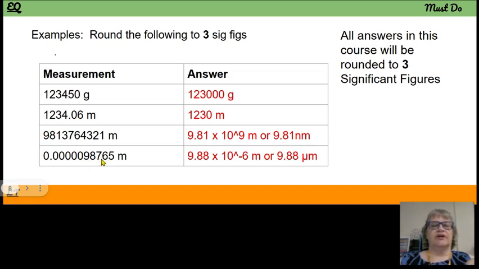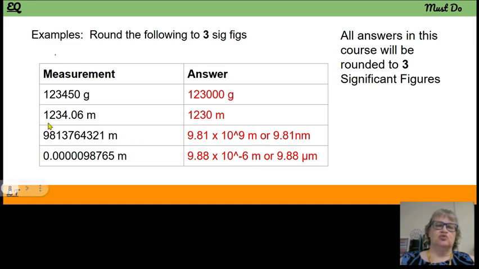The number after it is a 6, so that means the 7 gets raised to an 8. Then if we count, we have 1, 2, 3, 4, 5 zeros in front. If we move the decimal point to where the 9 is, that would make 6 zeros in front, or 6 numbers in front of the decimal. That's how we get our -6.